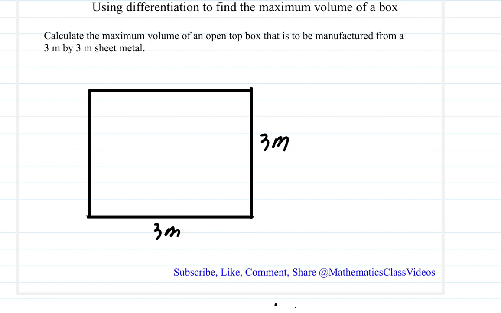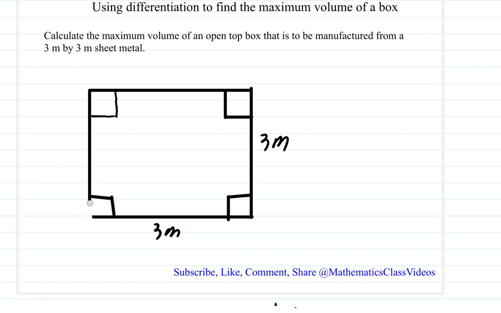Now, when we're going to form the box, we're going to have to cut off this end here, cut off this end, cut off this end, cut off this end, to fold the edges, right?